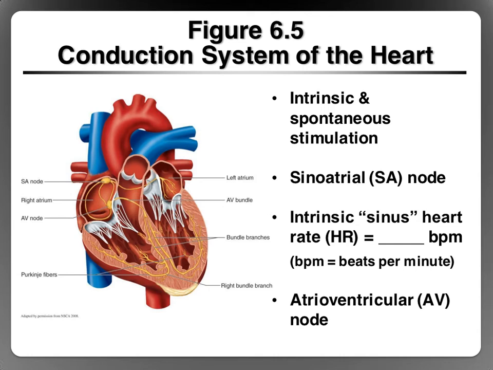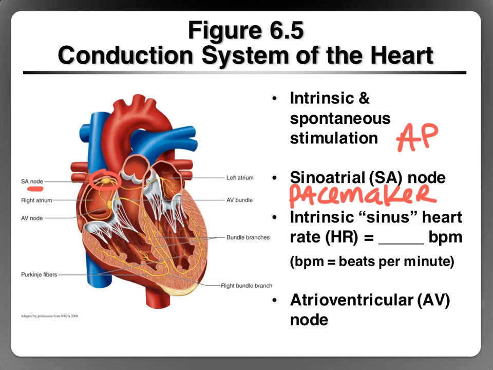All right, a little more information about the heart. As I said, the heart stimulates action potentials intrinsically and spontaneously. The pacemaker of the heart, the location where action potentials originate, is called the SA node, which stands for sinoatrial node.